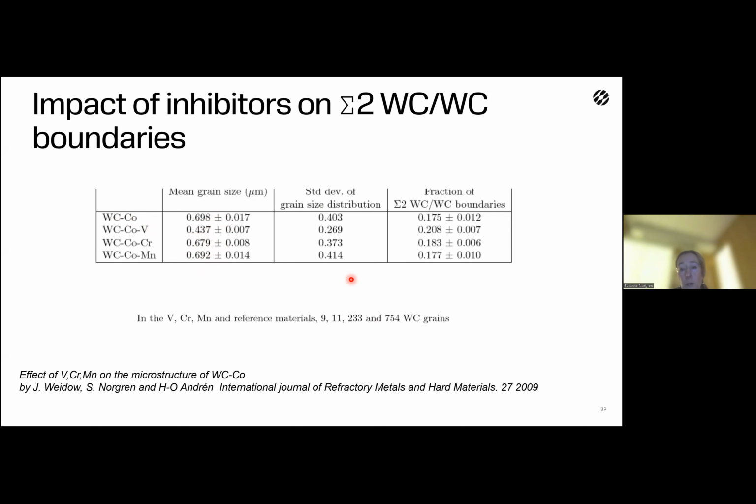But if you look at the fraction of the sigma-2 boundaries, it's interesting to see that compared to the reference material, both the vanadium and the chromium material had a much higher fraction of sigma-2 grain boundaries after sintering compared to the reference.